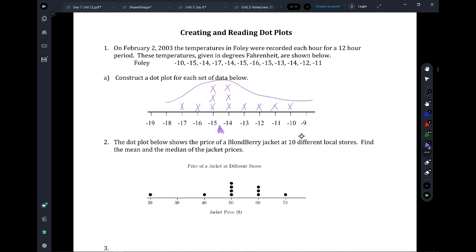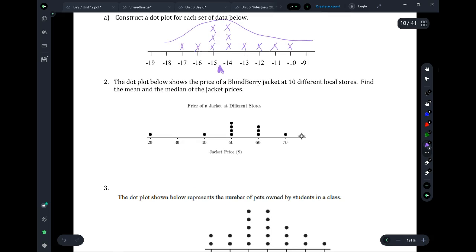Number 2 says the dot plot below shows the price of a Blondberry jacket at 10 different stores. Interesting. Find the average and the median of the jacket prices. There are a couple different ways you can type this in your calculator. Our prices, the jacket price, versus how many they have.